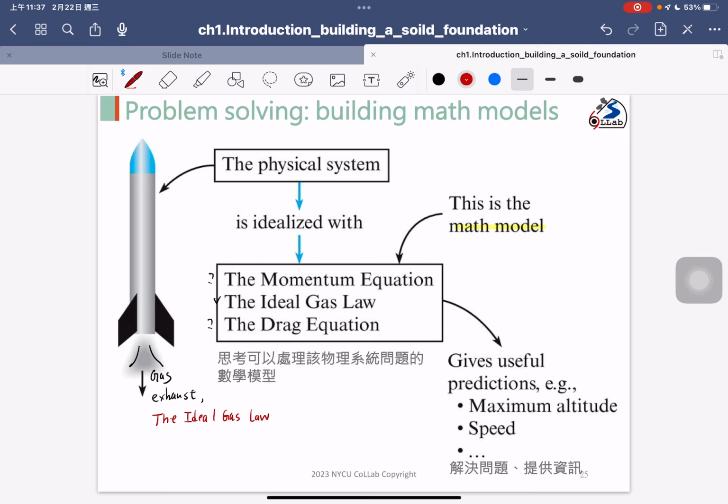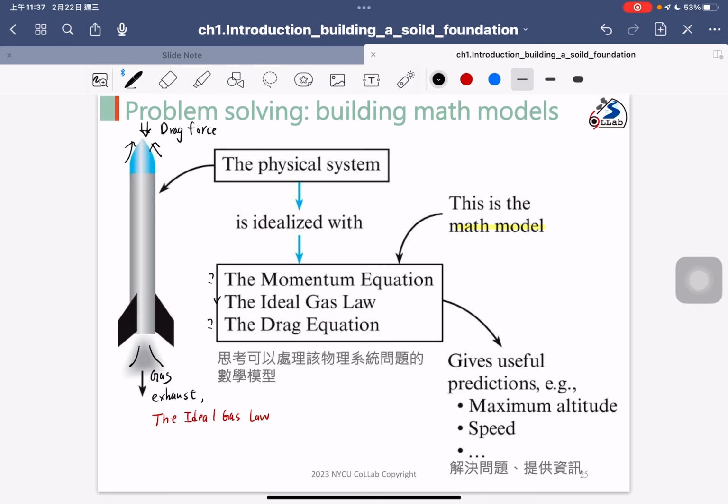And when the rocket is going up, there is some drag force. The drag force is the resistance force. That means the drag force will push down the rocket, because we need to take the drag force into account.